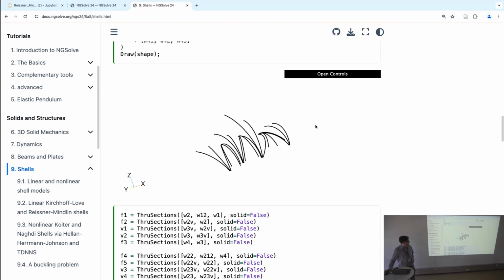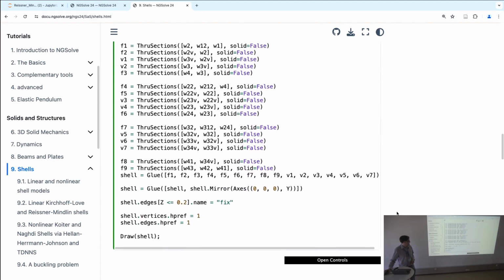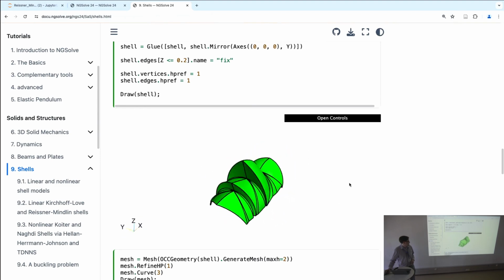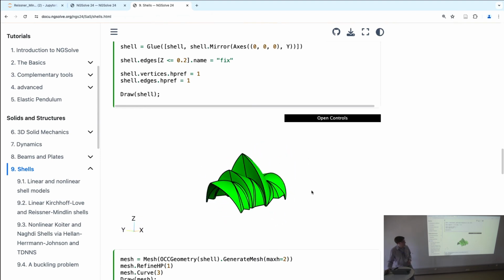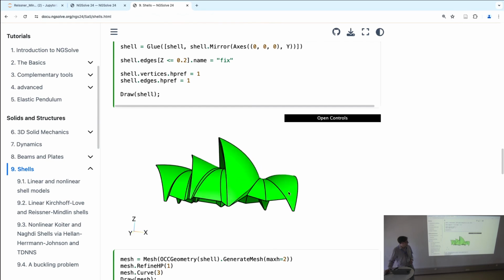Then we can connect these wires to get some interfaces and glue them together. We get something close to the Sydney Opera House in this case, a nice shell. We only fix it here at the pillars, and we just have self-weight.